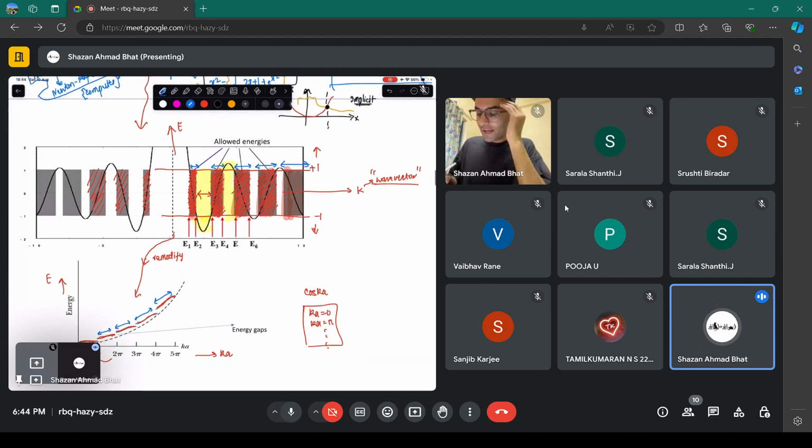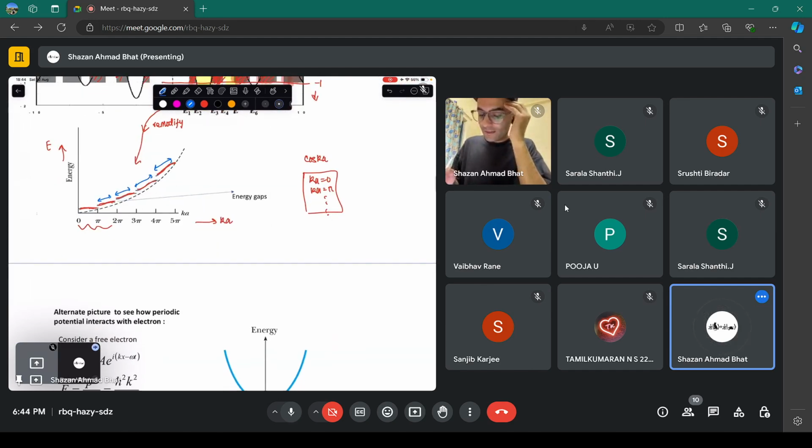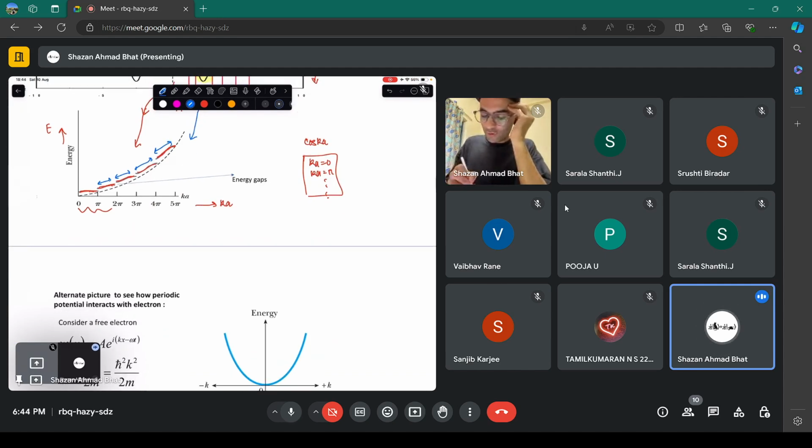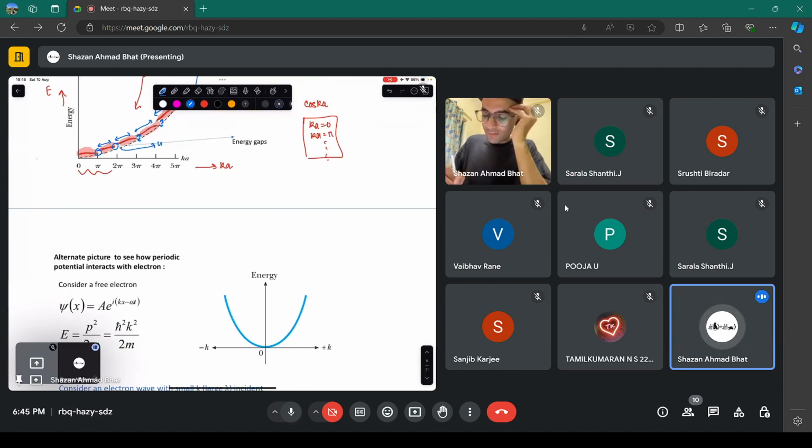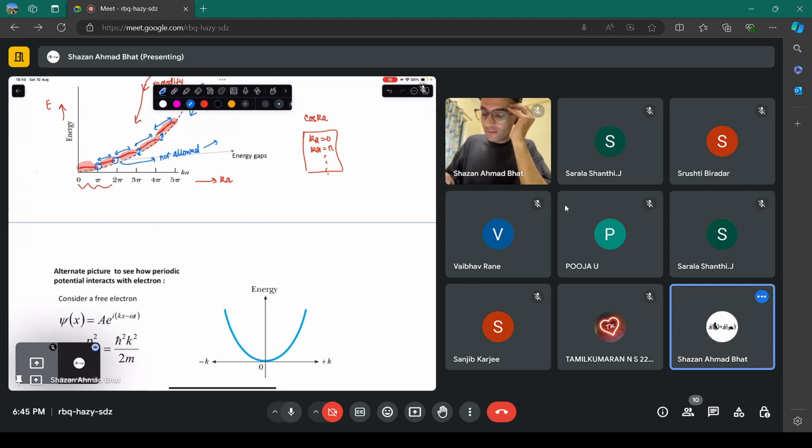Okay, and that means this particular thing is directly reflecting the one here. So you have got certain bands, which are these bands here, and notice that there is a certain gap between these bands. It's the same gap which is actually these particular gaps. So these gaps are not allowed gaps for the electron to have.